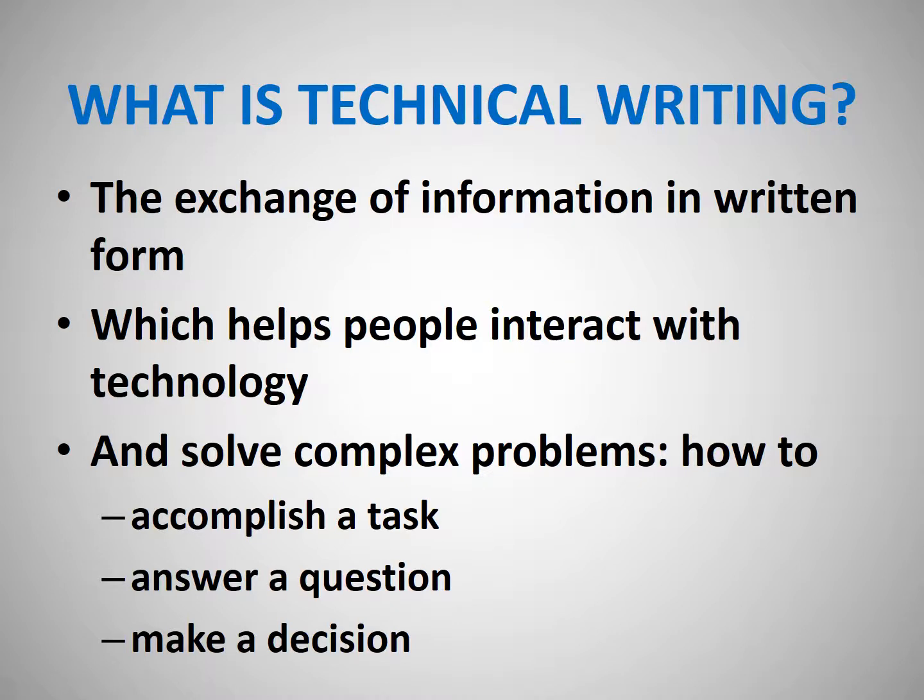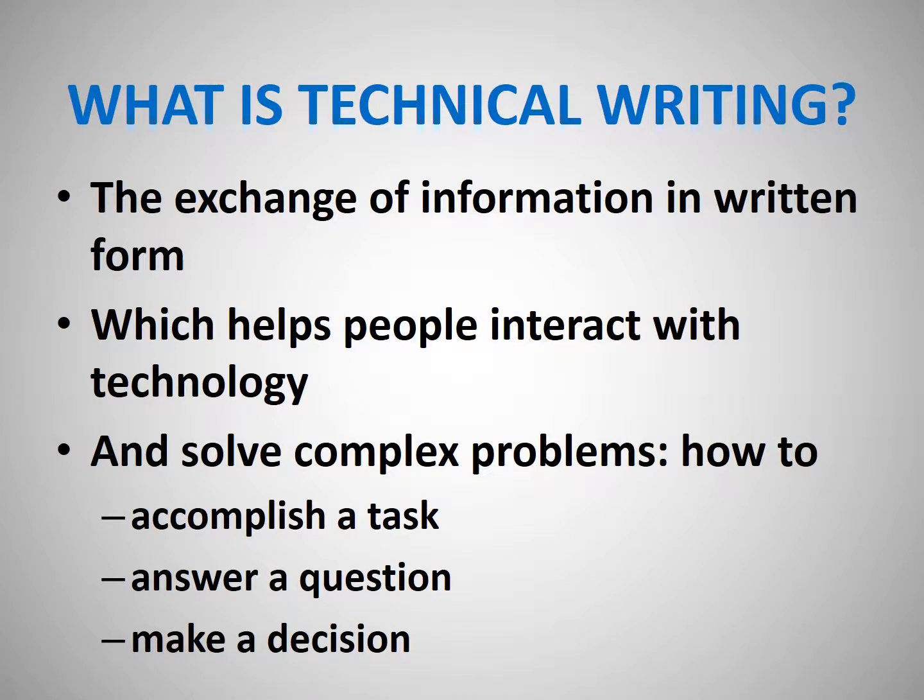Well, all of those kinds of writing have to do with exchanging information in written form. But specifically, technical writing is the kind of information you convey which is going to help people interact with technology in some way and not only interact with technology, but also solve complex problems. So this is very focused on the utilitarian notion of helping people do something.